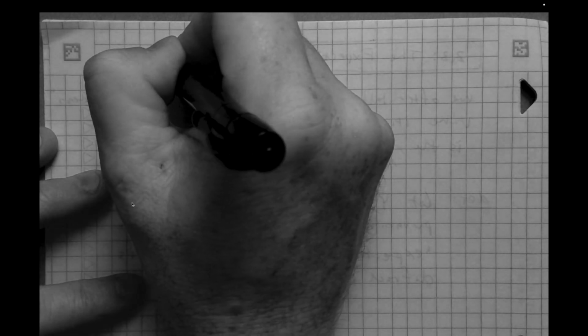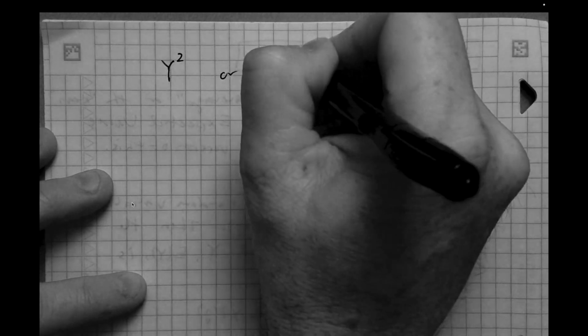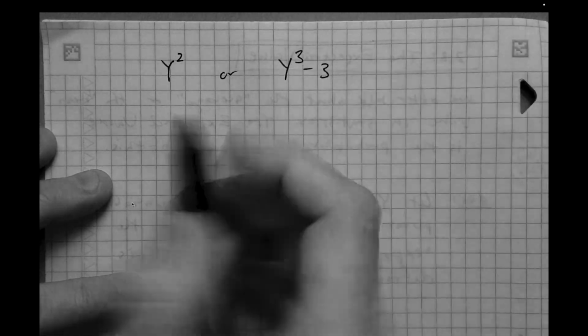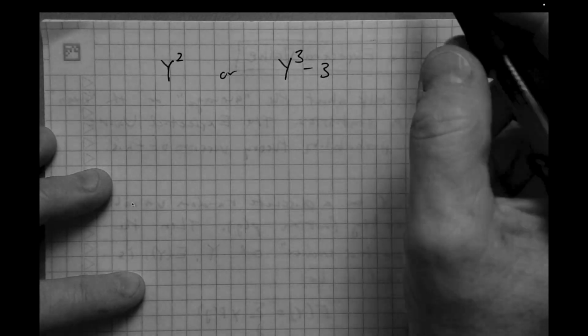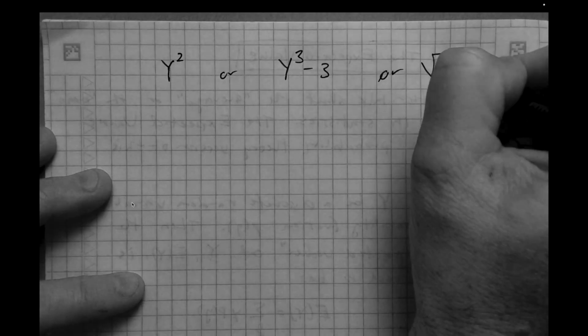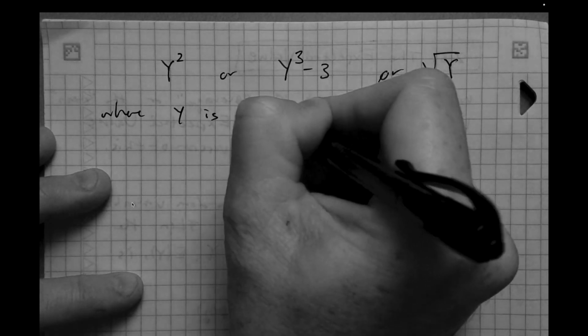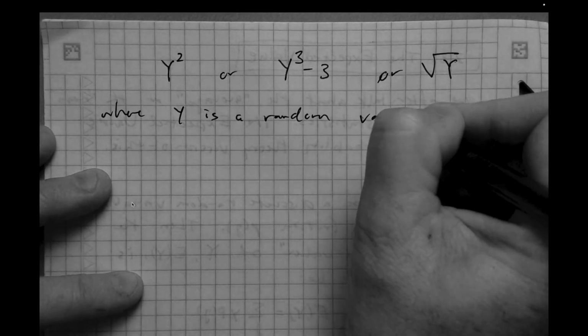Now, occasionally, we may be interested in a function of a random variable and the expected value of this function. Right, so we may be interested in things like y squared or y cubed minus 3, right, where y is a random variable, or even the square root of y or something like that, where y is a random variable.